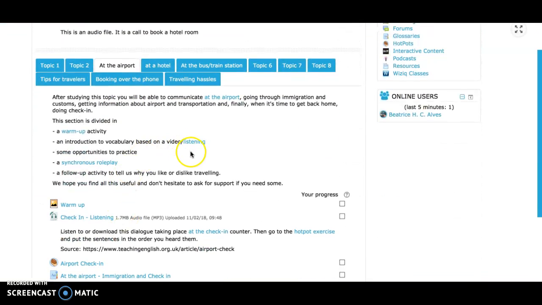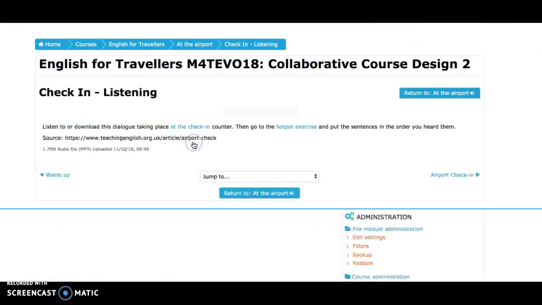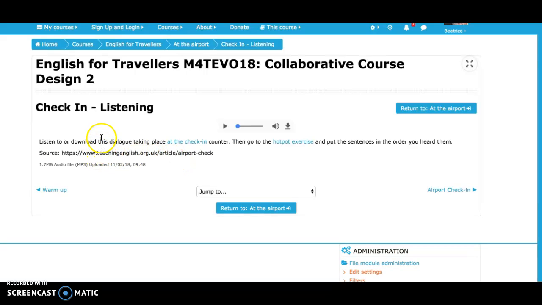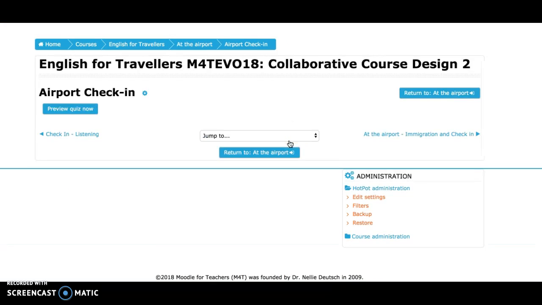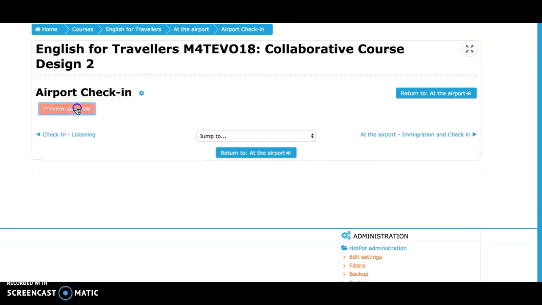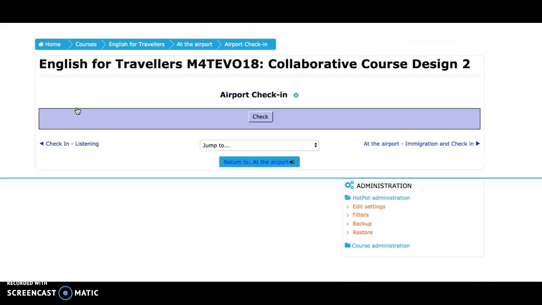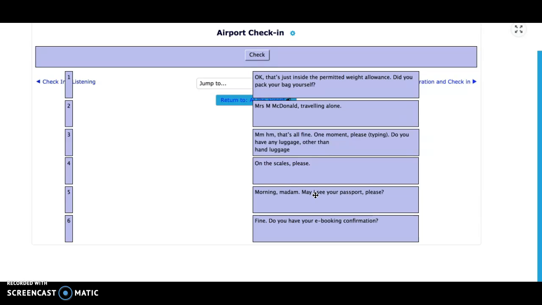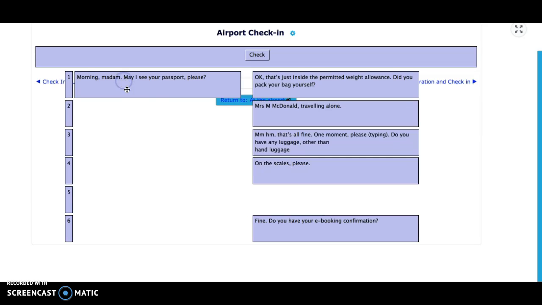Then they have a listening. As I said, the listening is based on the British Council, and after they listen, they have a hot potato exercise where the students have to put the sentences that they heard in the listening in the correct place.